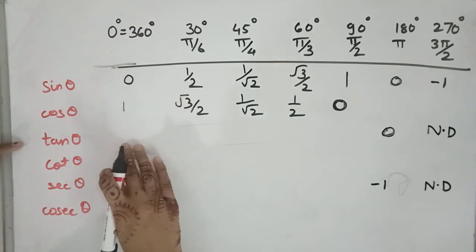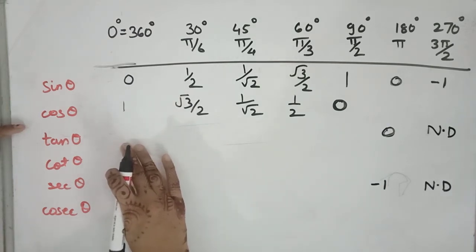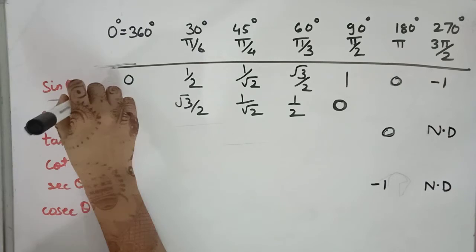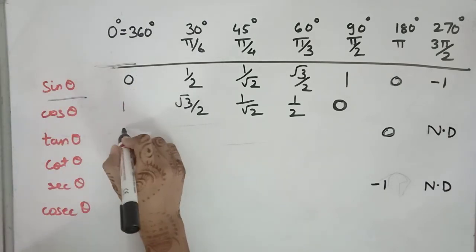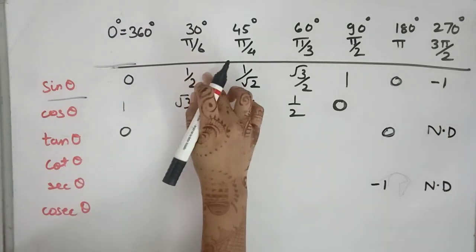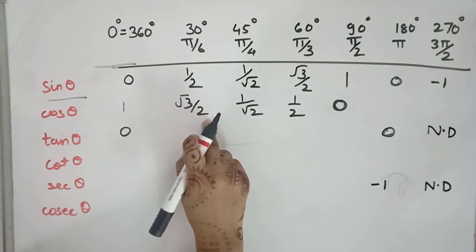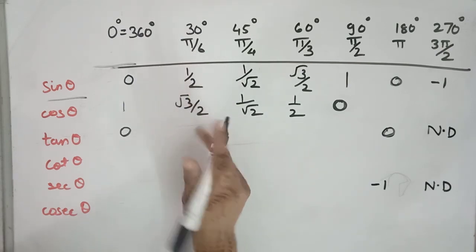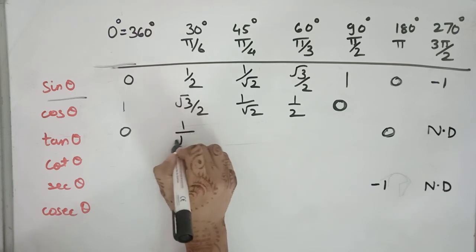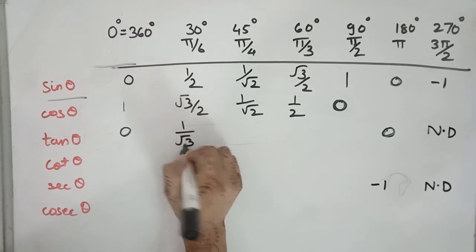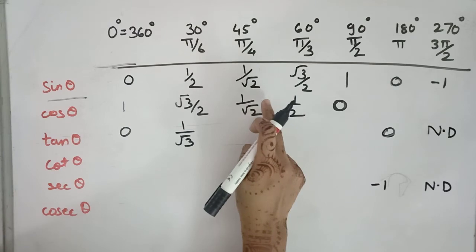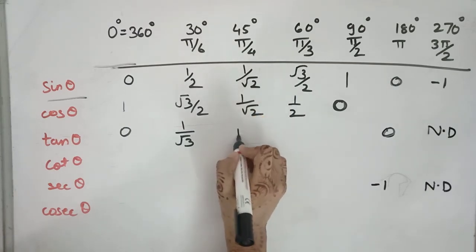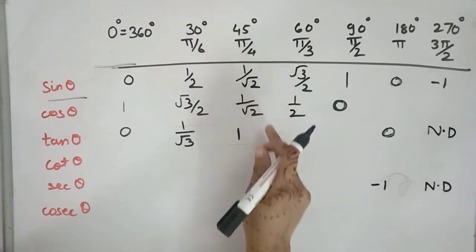Now tan theta is sin theta upon cos theta. 0 upon 1 will be 0. 1 upon 2 upon root 3 upon 2: now denominators are the same, will get cancelled. This will be 1 upon root 3. 1 upon 2 upon 1 upon 2 will be 1, both get cancelled.